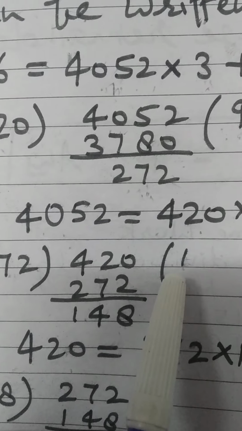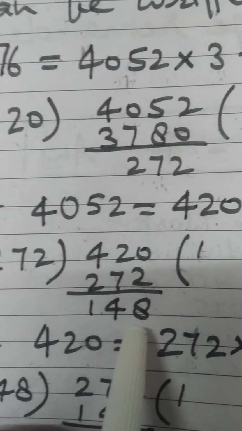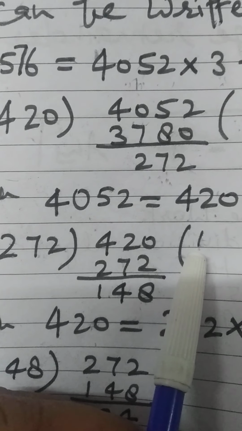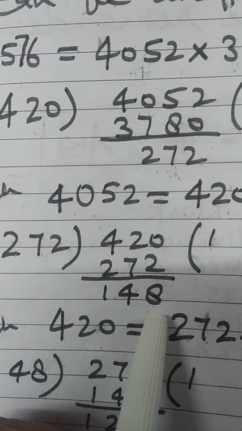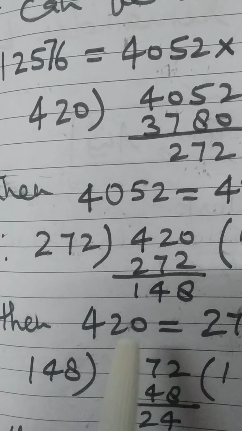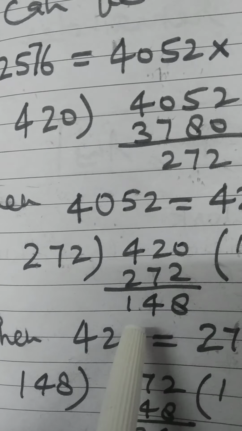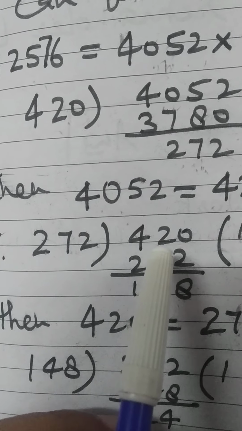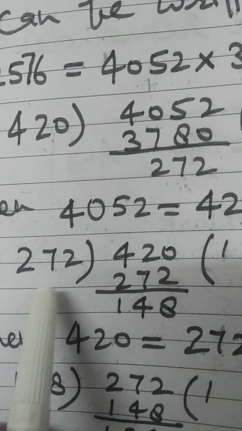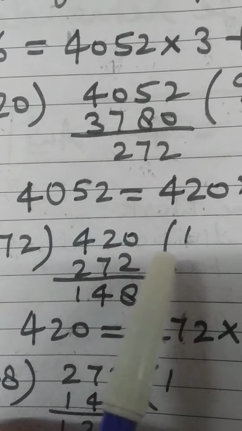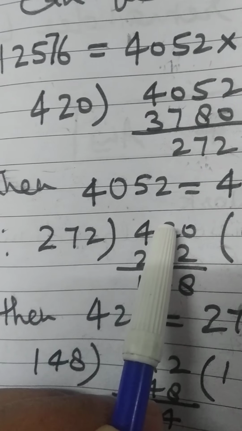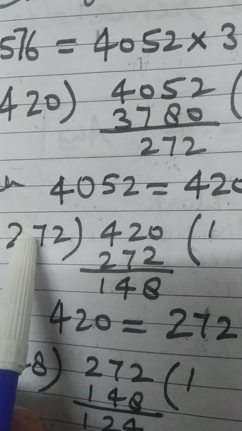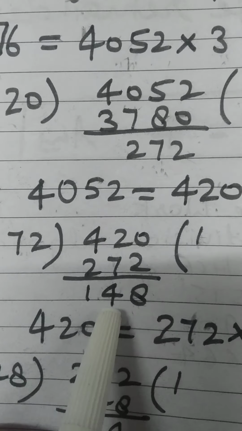We get the value of quotient and remainder. Value of quotient is 1 and value of remainder is 148. Then it can be written as 420 is equal to 272 into 1 plus 148. Dividend is equal to divisor into quotient plus remainder.